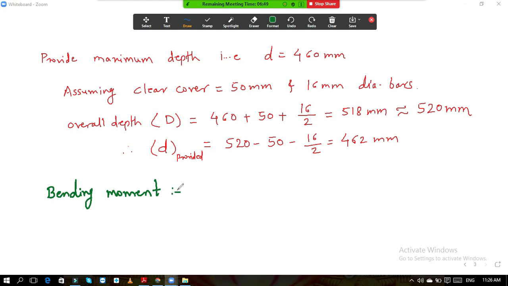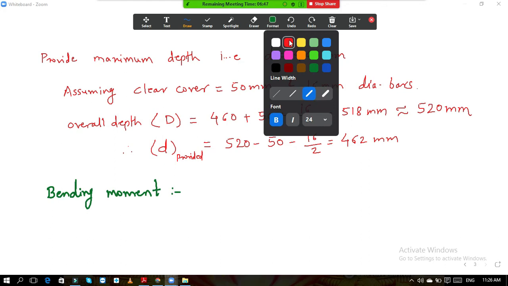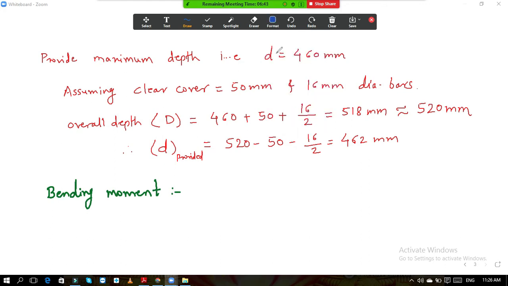Okay. Now for the bending moment, this is the important point, you note it down.